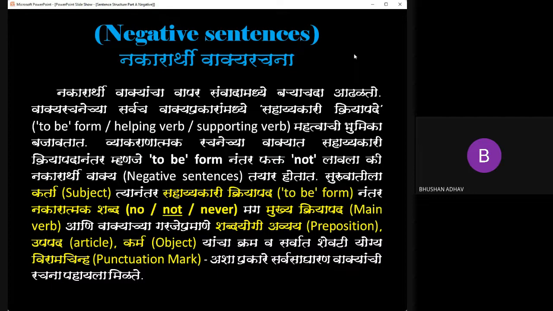Whenever and wherever you see no, not, and never anywhere in a sentence, consider that it is a negative sentence. No, not, never. But no cannot participate practically in a sentence. Active participation is not allowed for no. Can you tell me any sentence where no is involved in the middle?